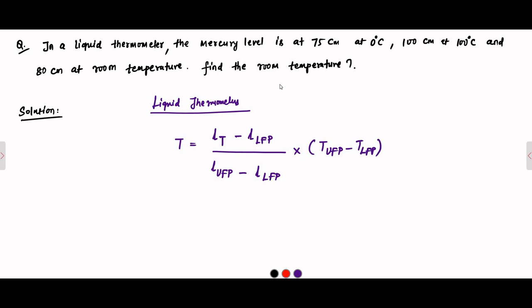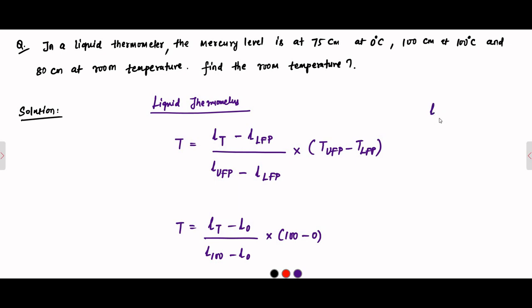Here everything is in Celsius, so it's better that we use the upper and lower fixed points with respect to the Celsius scale. So it will be LT minus L0, the lower fixed point is 0 degrees Celsius, the upper fixed point is 100 degrees Celsius, so 100 minus 0.